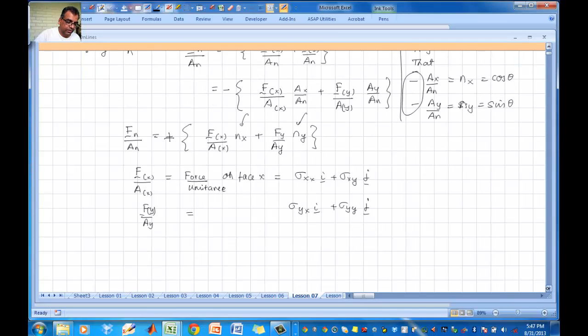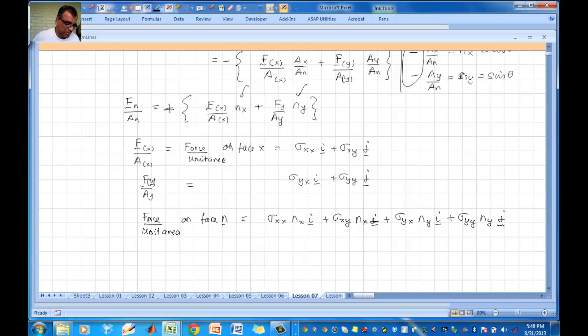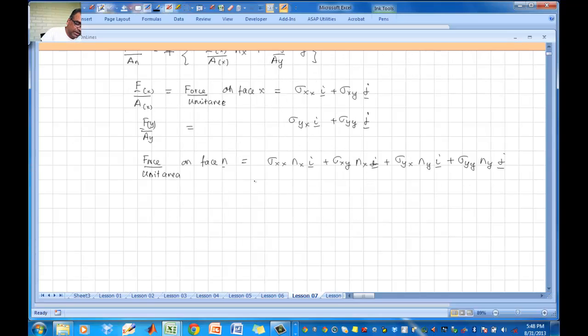So now what has happened is force per unit area on face n equals sigma xx nx i plus sigma xy nx j plus sigma yx ny i plus sigma yy ny j. Thinking, man, that's a big mess. It's not a problem because matrix algebra to the rescue.